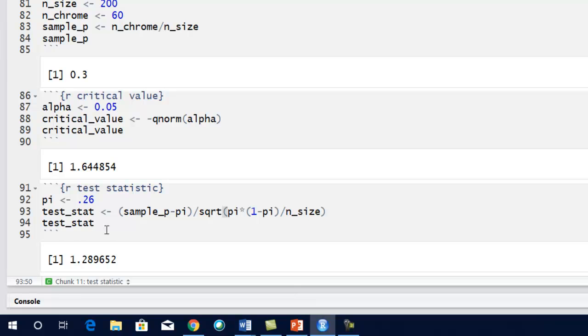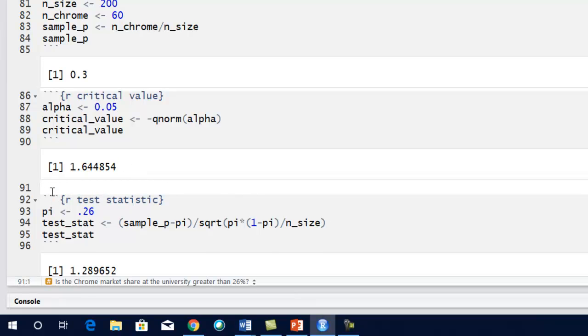This test statistic is based on my sample. This is the critical value given my significance level. What I can see is that my test statistic is no greater than my critical value. What I didn't do here is write my decision rule based on the critical value.